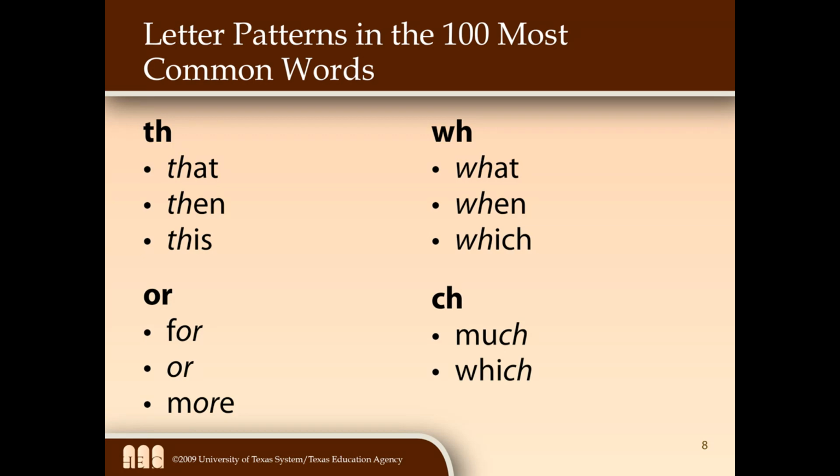So if we teach TH in one 15-minute mini lesson, you're going to look at just words that have to do with the th sound, that, then, this. Same thing with the sh sound and the ch sound. So you would start teaching with these that are the most common pairs that students are going to see, or the most common that we see when we read even as adults.